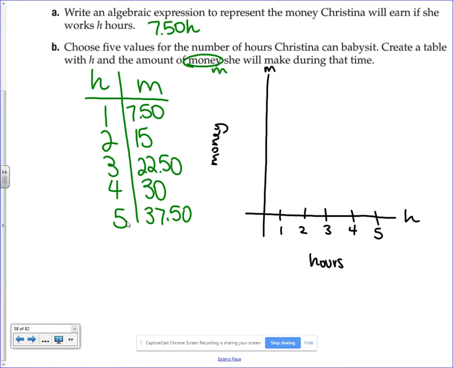I don't think I want to go by ones. 5 sound okay for everybody? All right, and now you need to plot your points. Go ahead, take your coordinates off of the table and put them onto your graph.